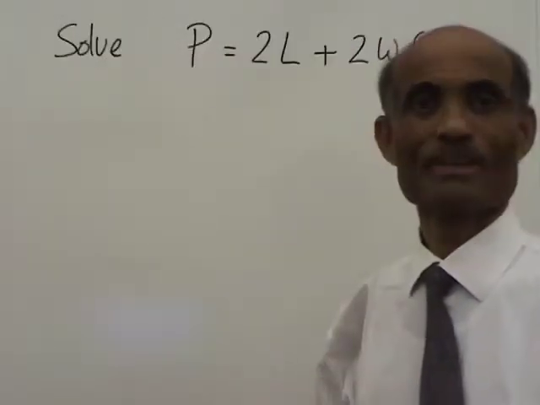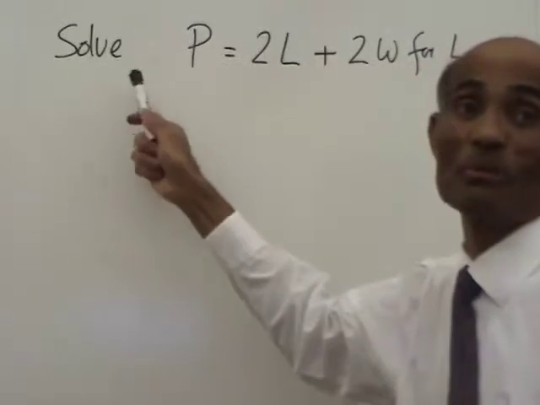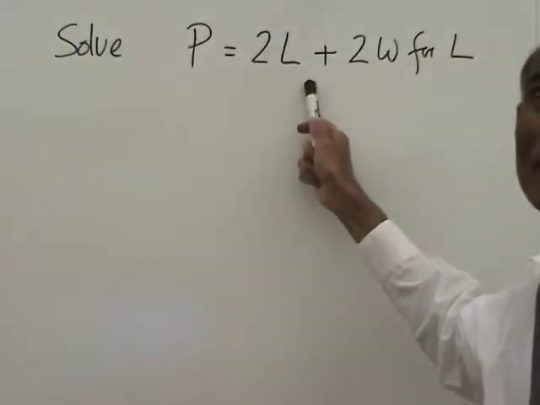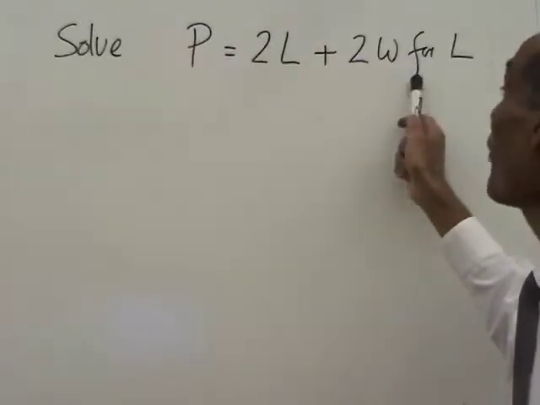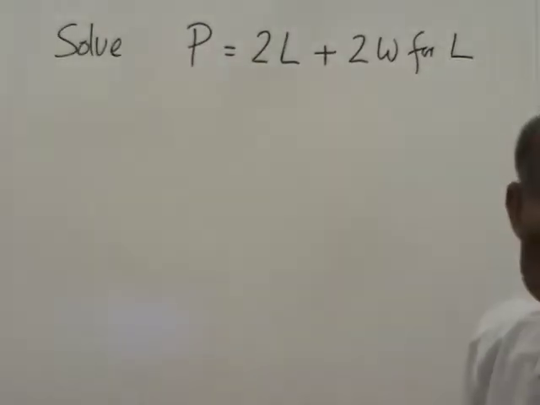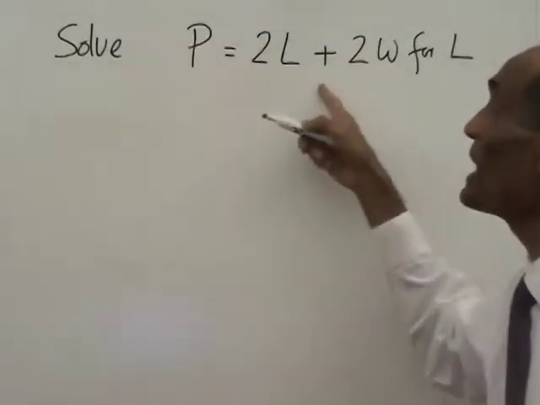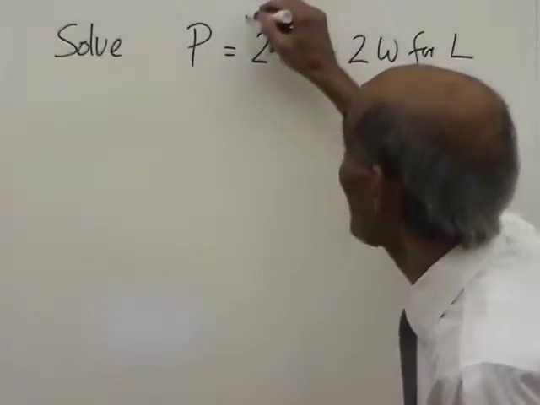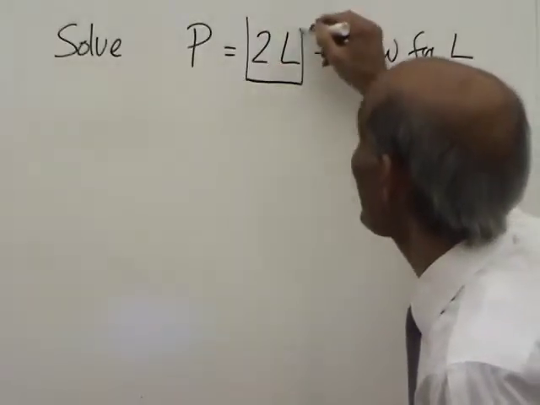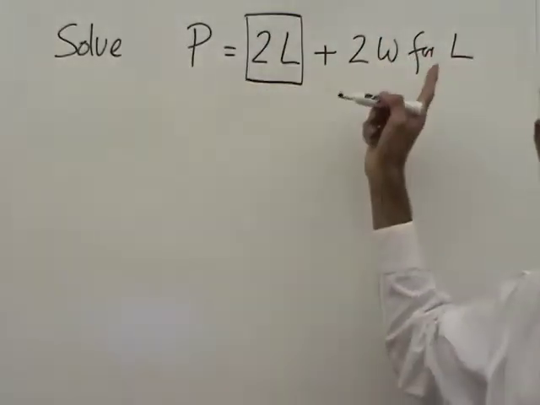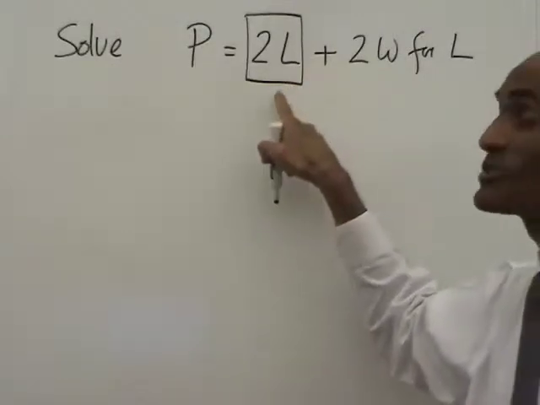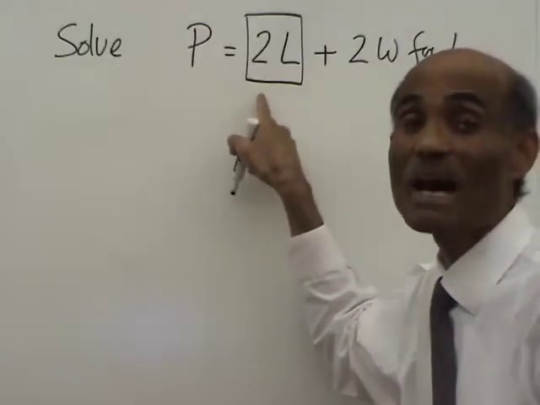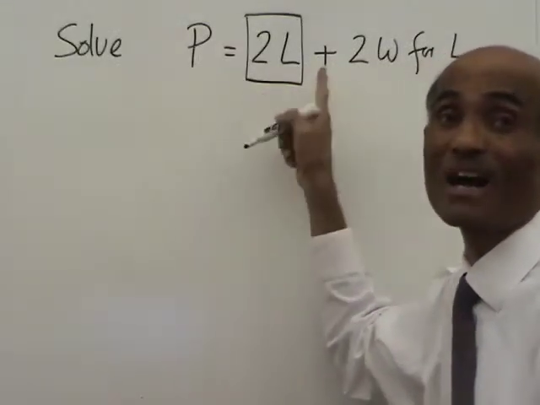Okay. Let's now try this problem. Solve P equal to 2L plus 2W for L. We need to solve this equation for L. That means we need to look at the term that contains L. So isolate the term that contains L and leave that term alone on this side.